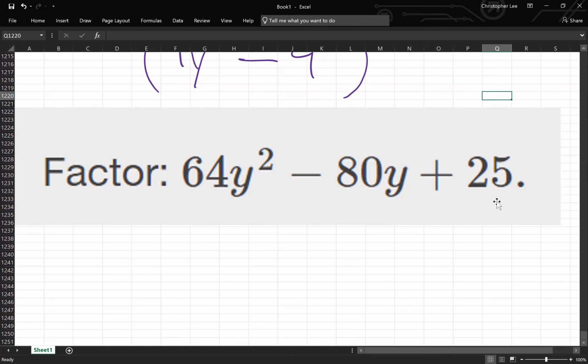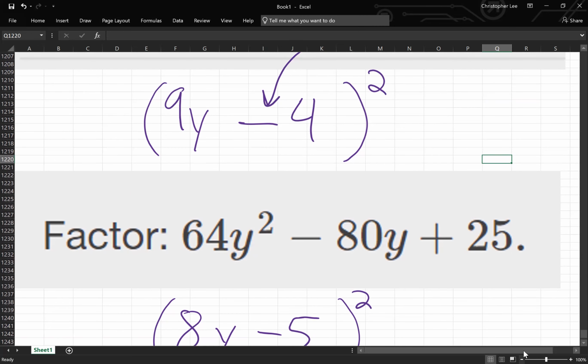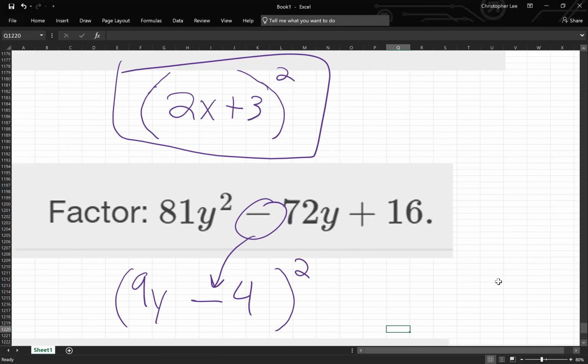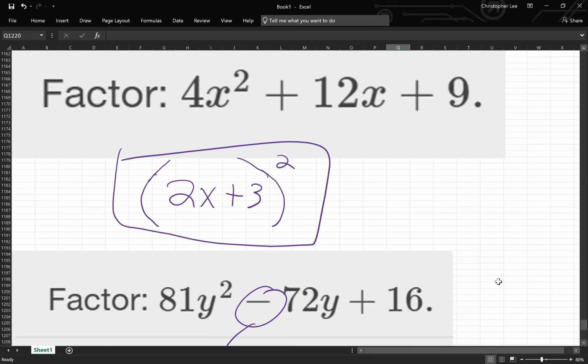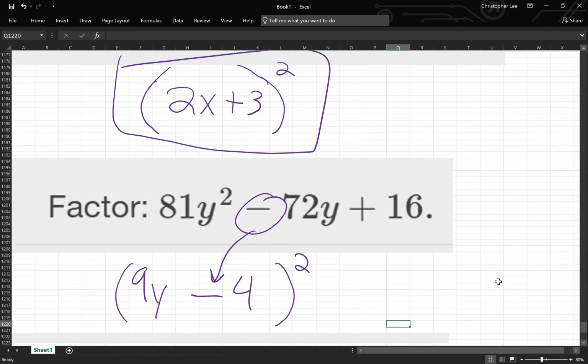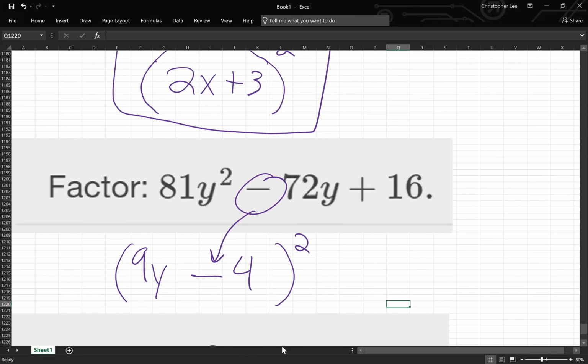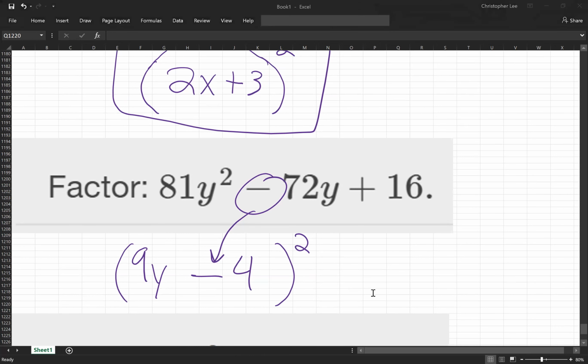What's the answer? 8y minus 5 squared. That's beautiful. You're welcome. All right. So we pretty much got this trick unlocked, right?